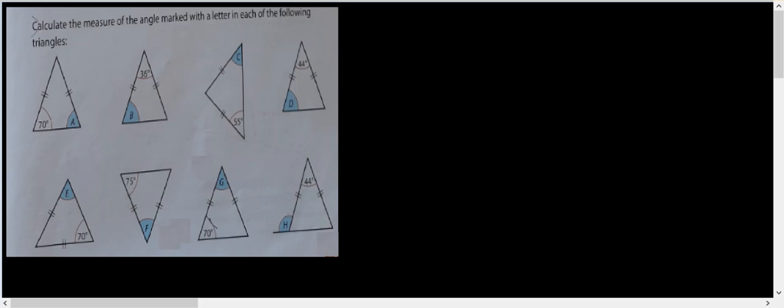Okay, so let's start by doing a little bit of recap on the different types of triangles that we can have. If we remember, we can have an equilateral triangle. We can have an isosceles triangle.